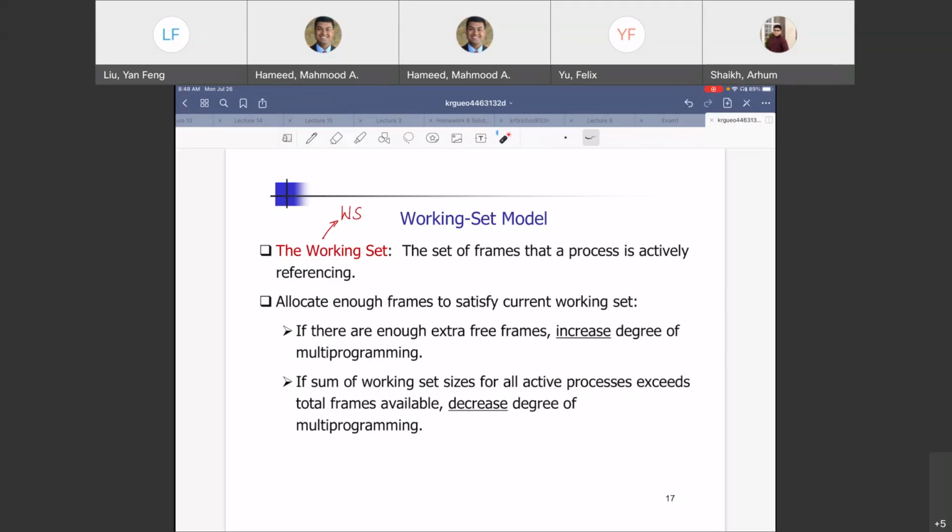Well, I need something to allocate this to, so increase the degree of multiprogramming. Now I've got a few processes to choose from. All right, let's allocate 8 to this guy, 10 to this guy, and so on. Once you allocate all of them, if the allocations that you have made are more than the number of frames that are available, then you are in a problem. So now you start decreasing the degree of multiprogramming. You see how this is going to work?